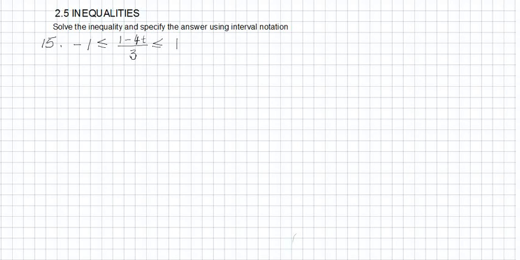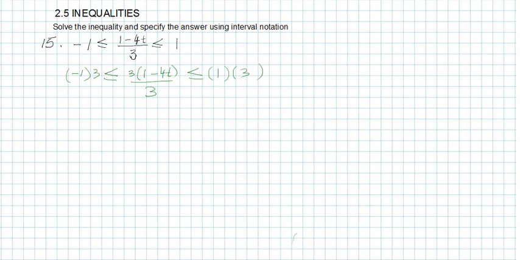For example, in the middle term right here, I need to multiply the top by 3, so these two threes cancel. So I'm going to multiply everything by 3. So I have minus 1 times 3 less than or equal to 3 times 1 minus 4t over 3 less than or equal to 1 times 3.